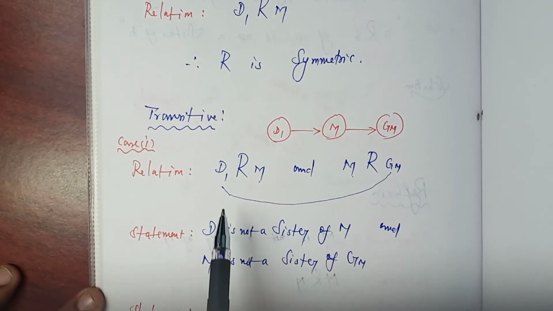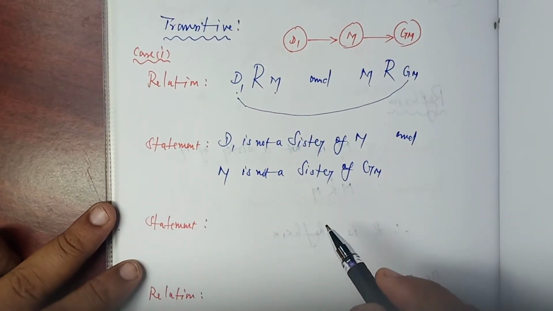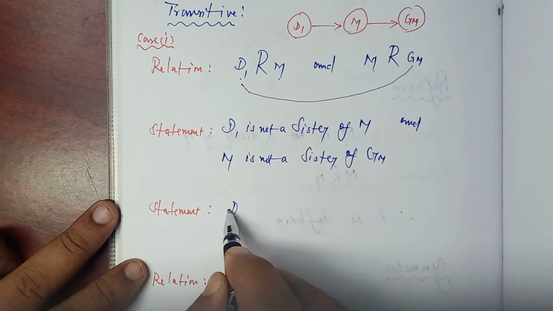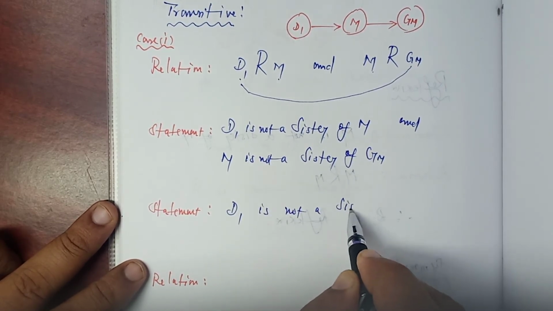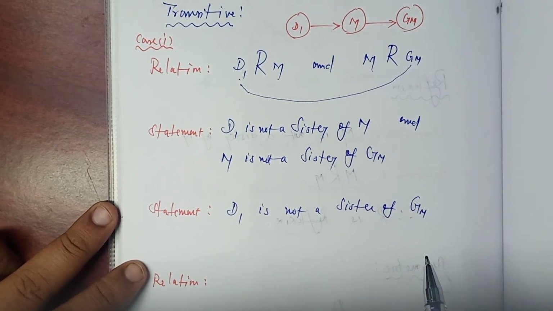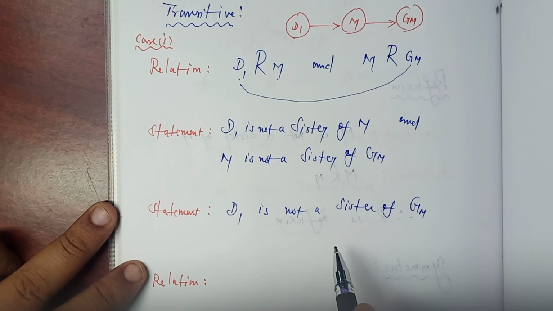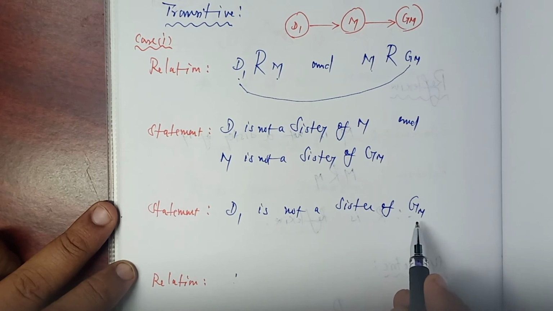What about the statement D1 and GM? D1 is not a sister of GM. This is also correct. Therefore, daughter 1 is not a sister of grandmother. Obviously true.